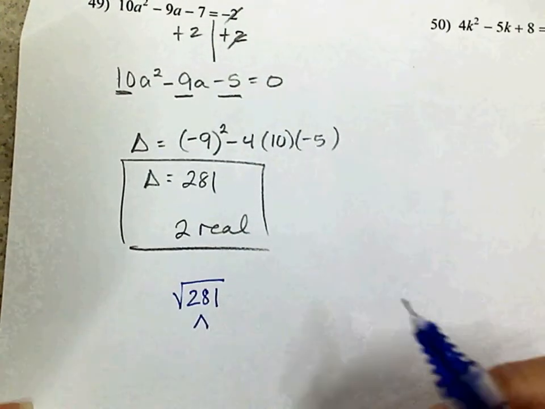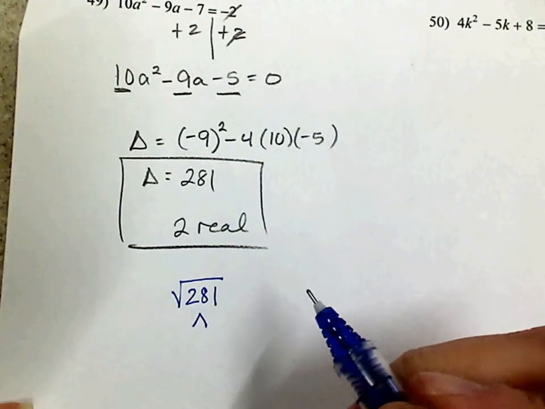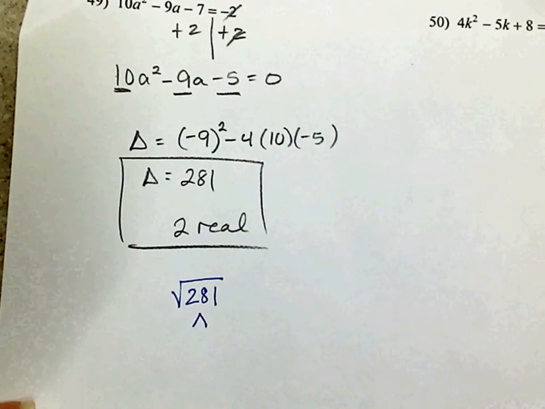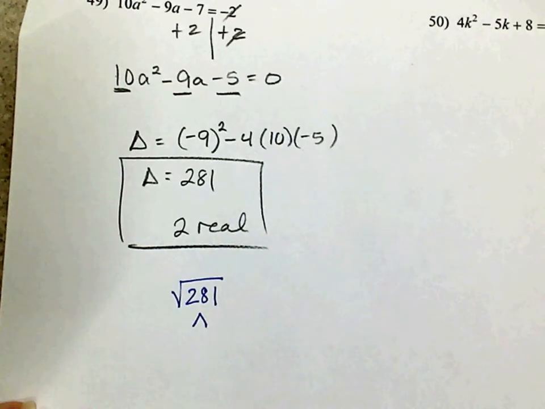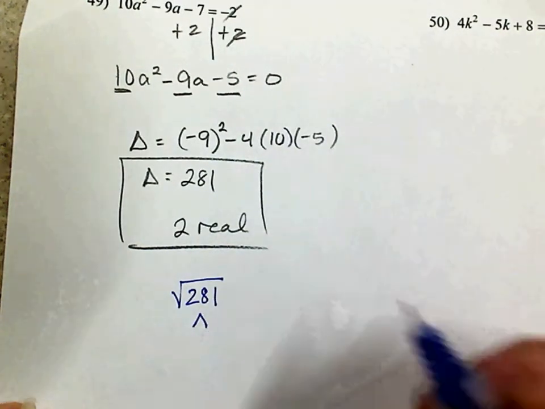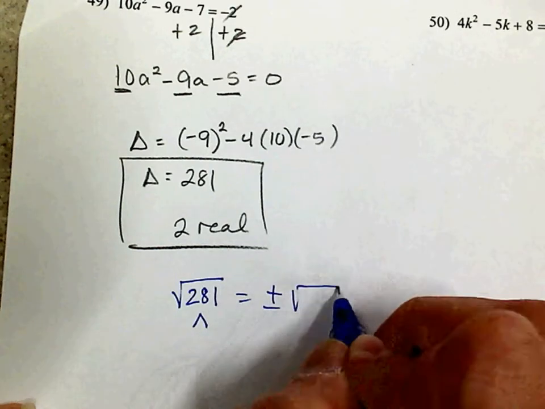No? What are some numbers? 281 divided by 3? Nope. 281 divided by 7? Nope. 281 divided by 13? Nope. 281 divided by 17? Anything else? No. So it's just plus or minus square root of 281.